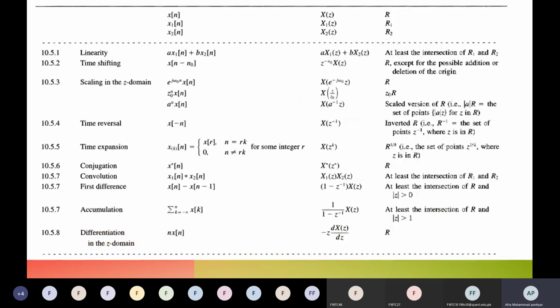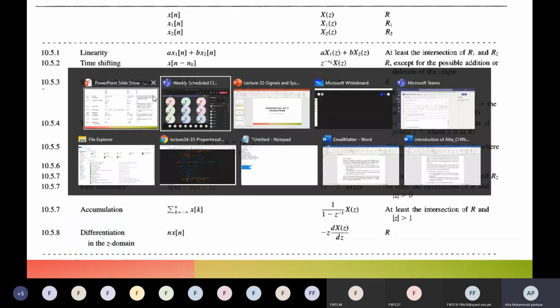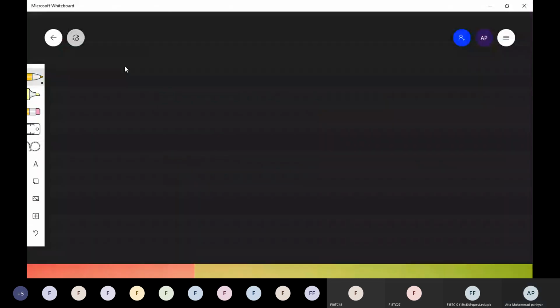So, the first property is linearity, right? So what does linearity say? Number one property is linearity.